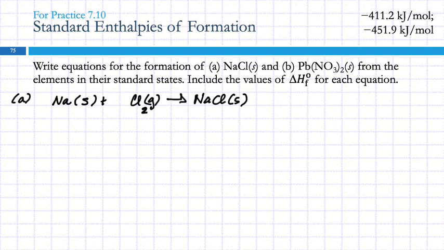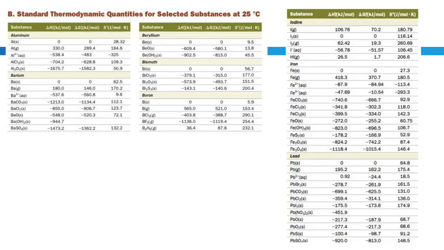How are we going to balance this? The sodiums are fine. We have too many chlorines over here. We just need half of that. Right? So this is 1/2. And then we look up the heat of formation, which is over here. So these are arranged by different elements.